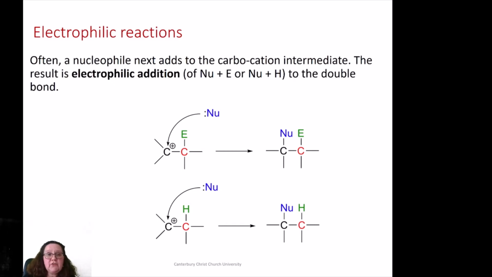Then the next step is for that carbocation to react, in the presence of a nucleophile, either from water or the counter anion to the electrophile, etc. And that results in the double bond disappearing completely, and the formation of single bonds, with both an electrophile and a nucleophile added to the two carbons that used to have the double bond.